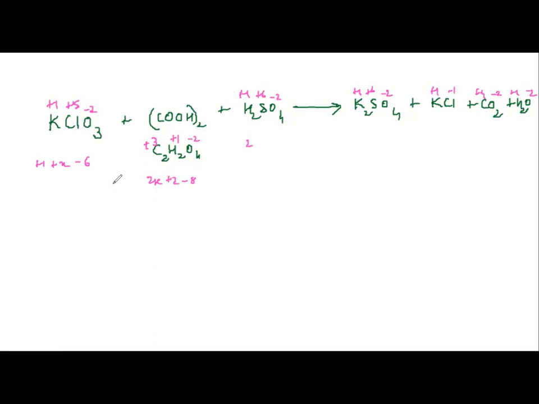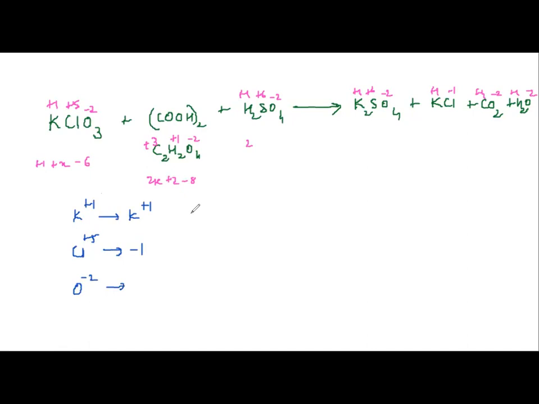Now observe where there is maximum change in the oxidation number. Potassium from plus 1 remains plus 1 only, so there is no change. Chlorine from plus 5 is becoming minus 1. Oxygen from minus 2 remains minus 2.